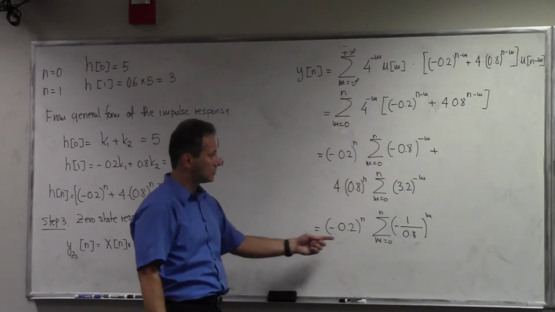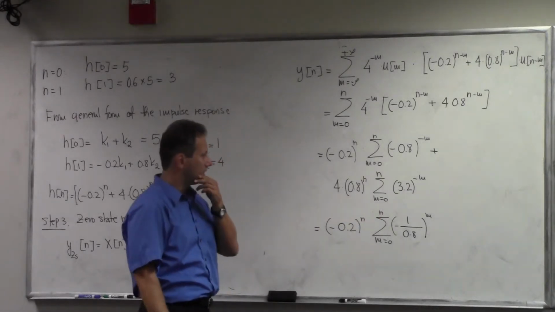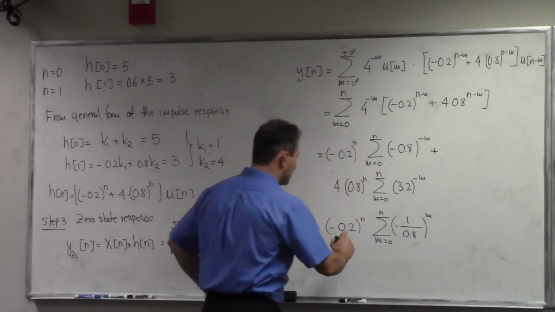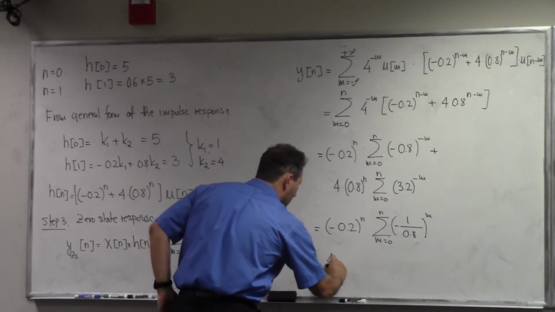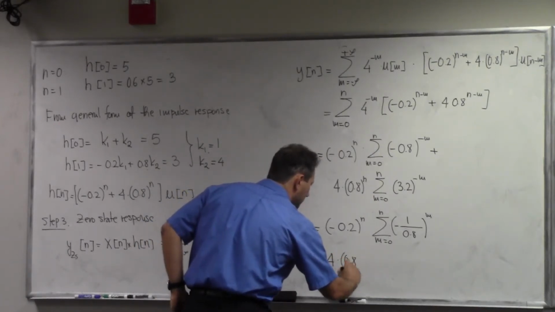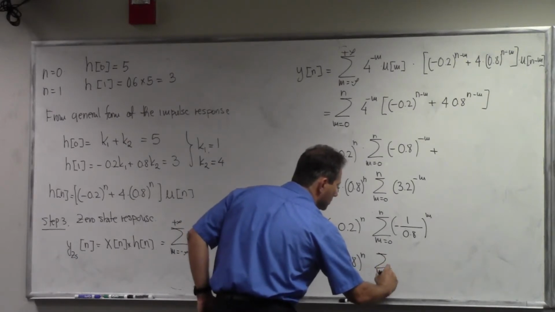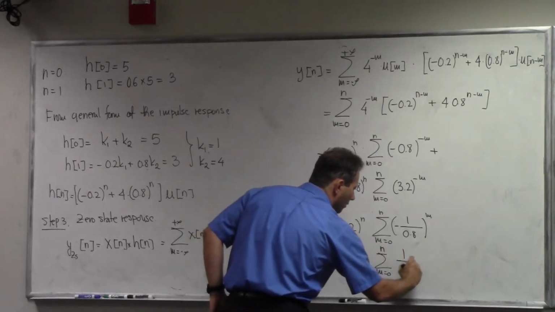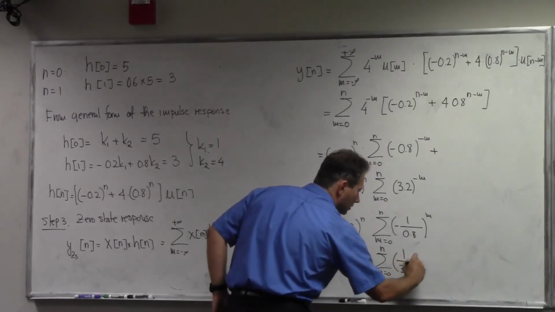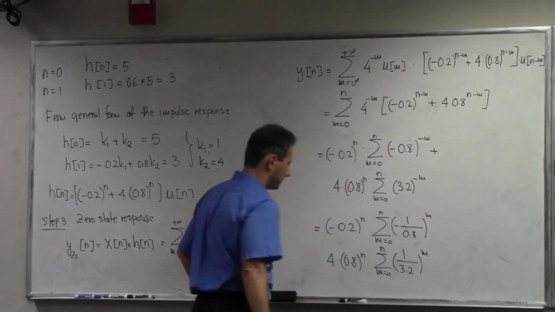Because we learned how to sum the geometric progression. And then the second one becomes 4 times 0.8 to the n, and then sum when n goes from 0 to n, 1 over 3.2 to the n.